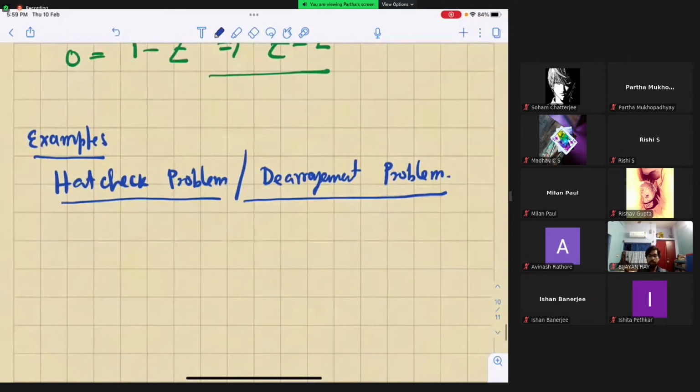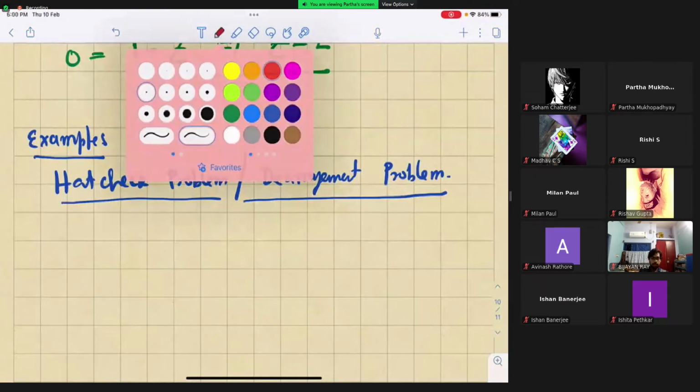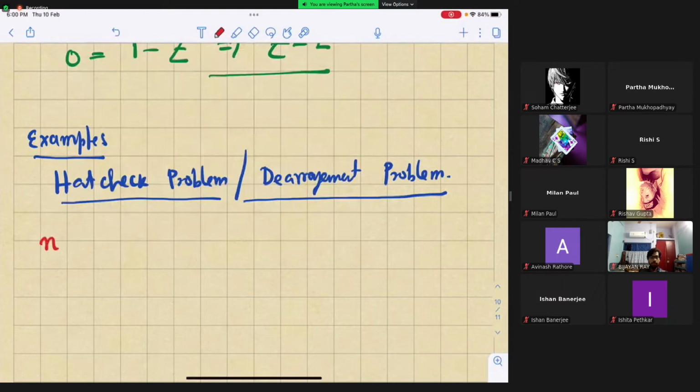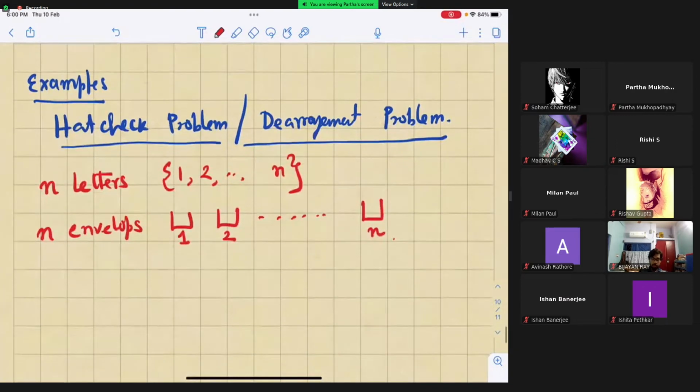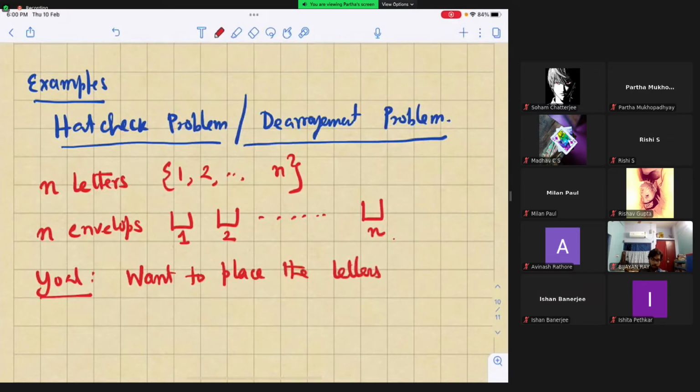So what is the problem? You have n hats or n letters, 1, 2, up to n, and n envelopes, 1, 2, up to n. The goal: we want to place the letters in the envelopes.